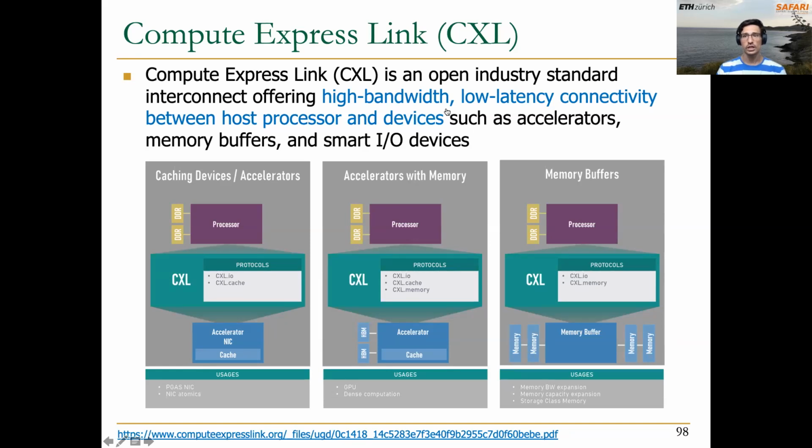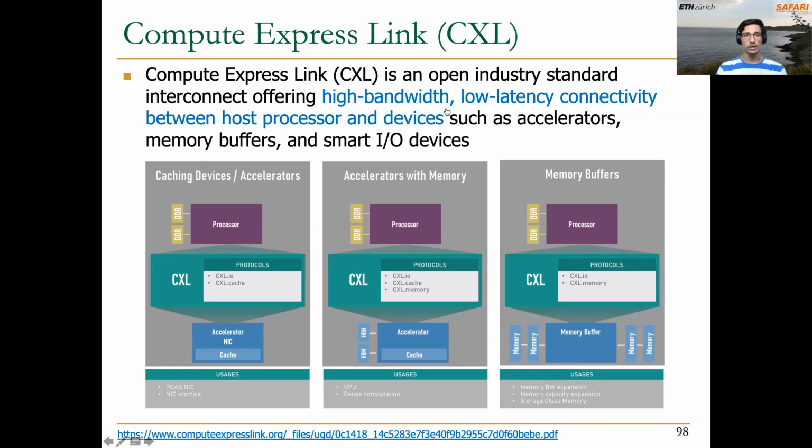devices. More recently, we have learned about Compute Express Link, which is also an open industry standard, same as OpenCAPI, an open industry standard interconnect that offers high bandwidth, low latency connectivity between the host processor and devices such as accelerators, for example GPUs or FPGAs, but also other devices and even memory buffers.